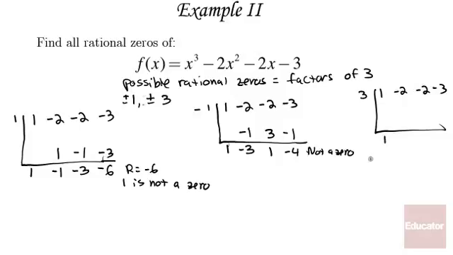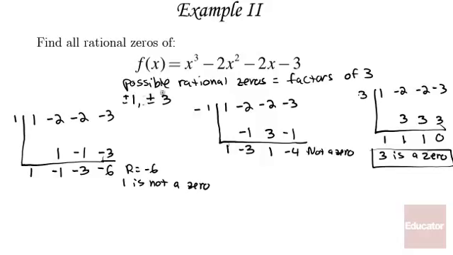This is going to give me 1 times 3 is 3. 3 and negative 2 is going to give me 1. 1 times 3 is going to give me 3 again, and negative 2 is going to give me 1. 1 times 3 is 3. 0. 3 is a 0 because the remainder equals 0. Okay, I found one rational 0.